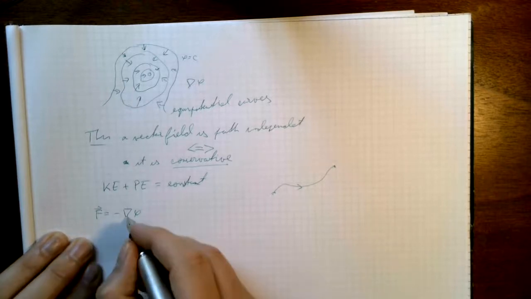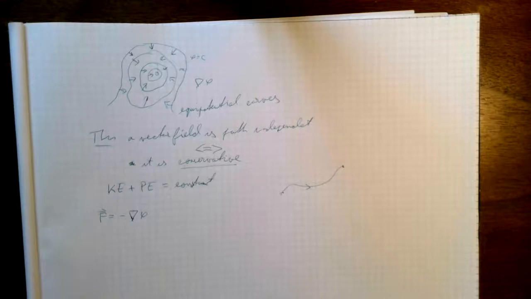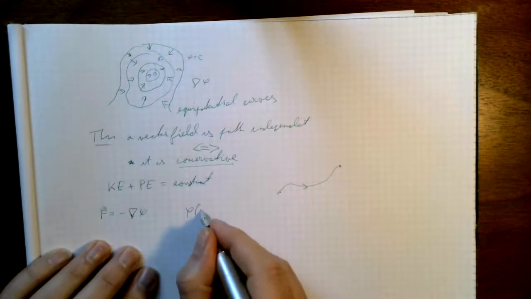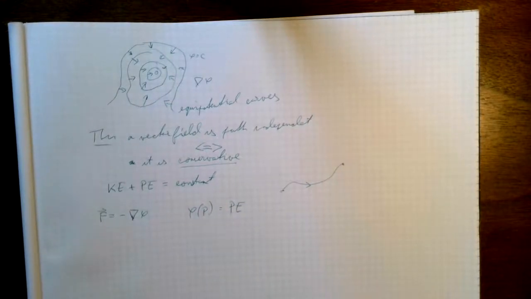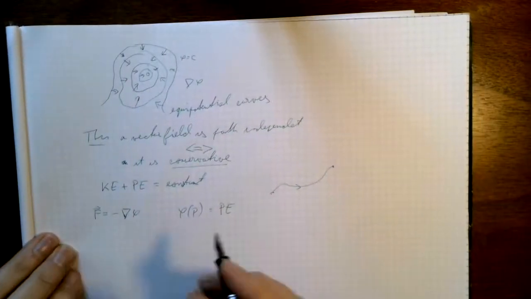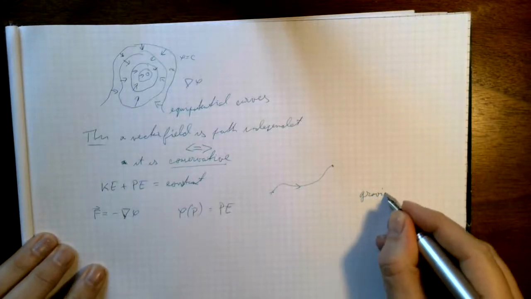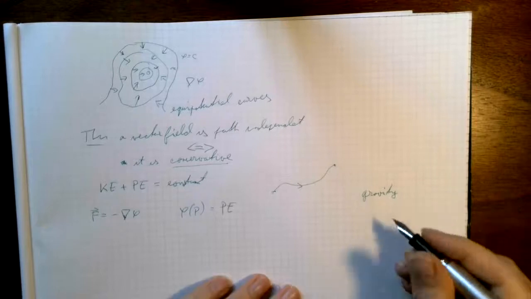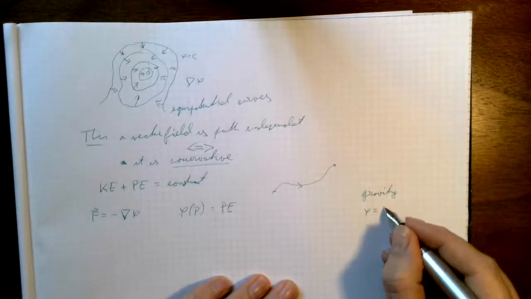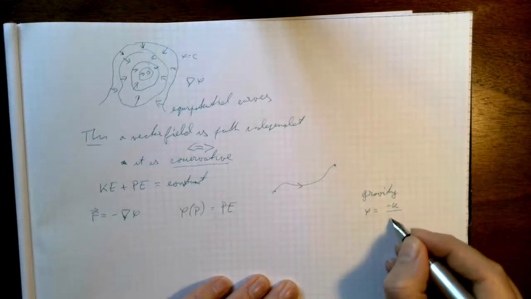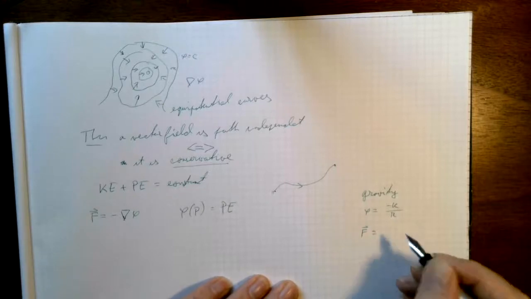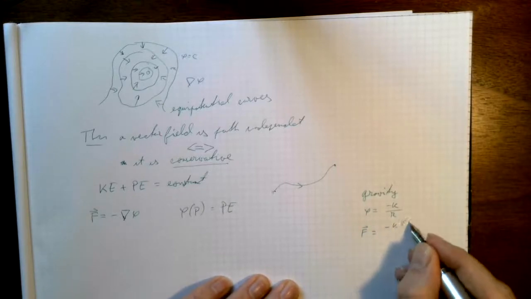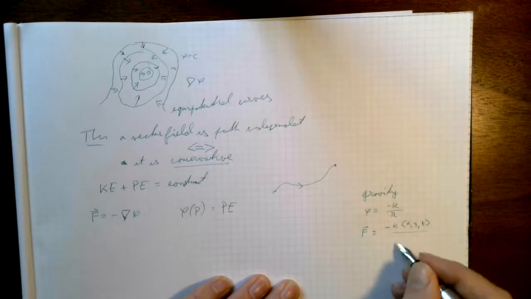So at any point, this is potential energy, and this is maybe gravity. If it would be gravity, then the potential should be something like minus k over r, where r is the distance to the center of the Earth, and then F, if I did the computation correctly, would be minus k times x, y, z over r cubed, supposing it's in 3 dimensions.